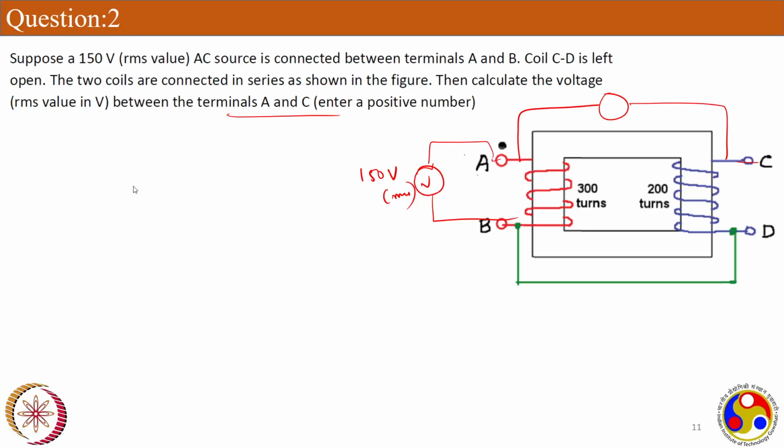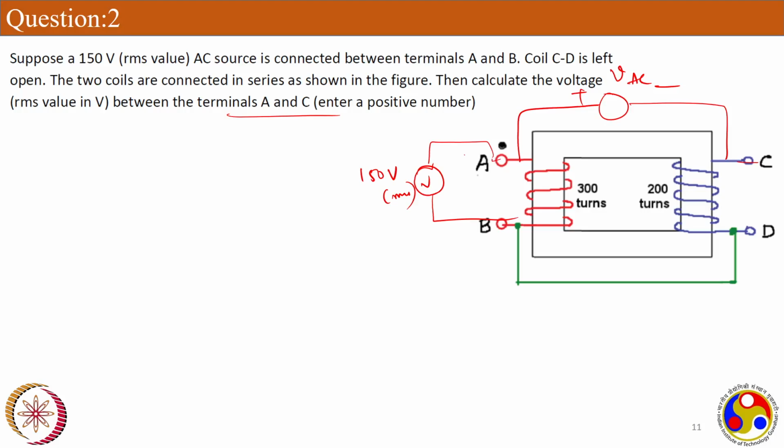Okay, so we are trying to calculate the voltage between the terminals A and C. Let's say I'm giving some 150 volts, and somehow a potential difference is being developed between A and C. I'm trying to calculate VAC. I'm assuming positive and negative. I know it could be anything, but I'm just assuming.